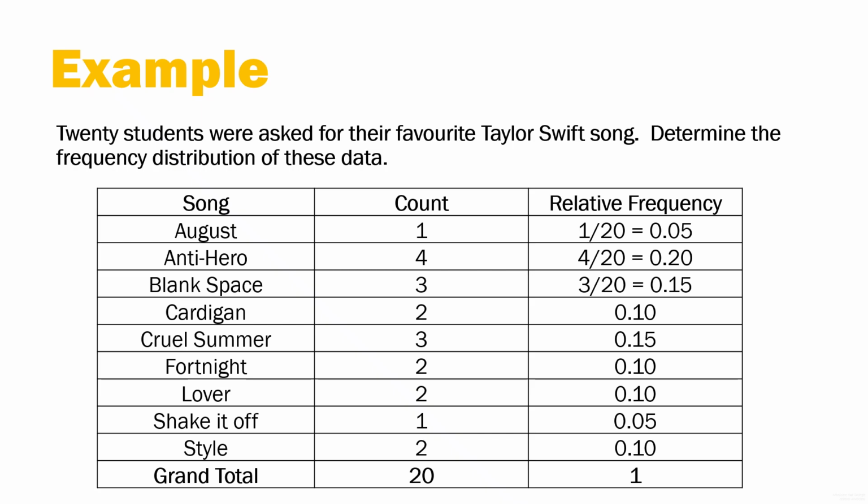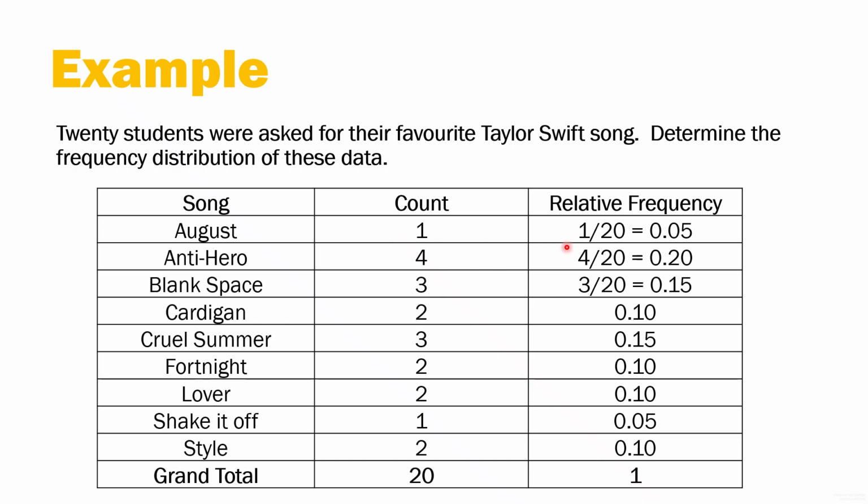Of course, I'm going to show you an example and I'm going to base it on our Taylor Swift information. We've got all of our different counts in the second column here for the favorite Taylor Swift song, and you can see the grand total is 20, and that matches up with our 20 students. If I want to calculate a relative frequency distribution for each one of these, we'll have to remember the equation, which would be the count or the frequency divided by the total. So, for example, August was one person's favorite song.